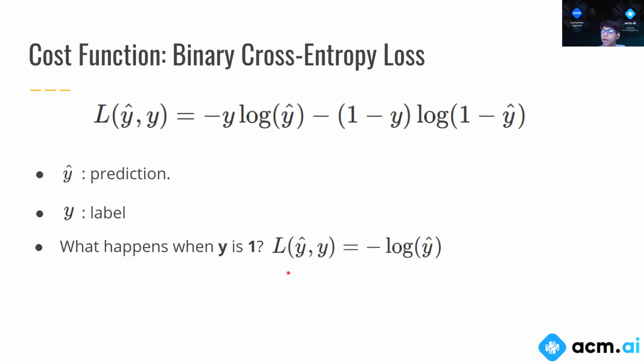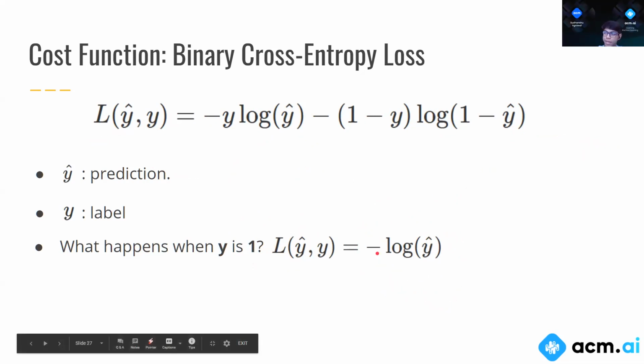Now let's think about what we're trying to do here. We want y hat to be as close to y as is possible. That means we want it to be as close to 1 as is possible, which means we want to increase y hat. When we increase y hat in this term, log of y hat ends up increasing.